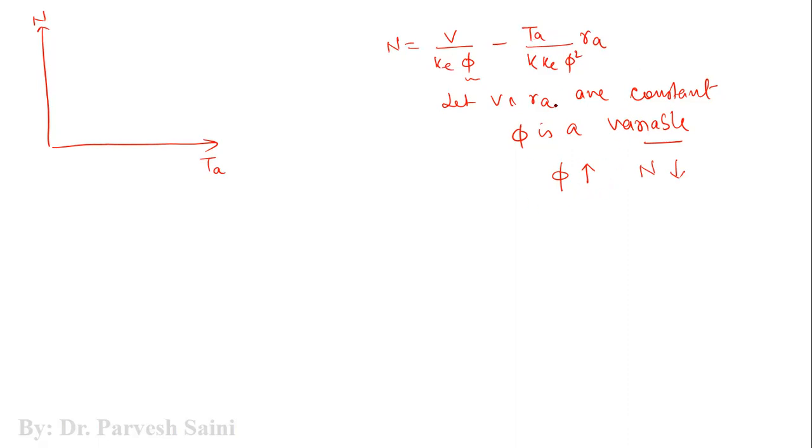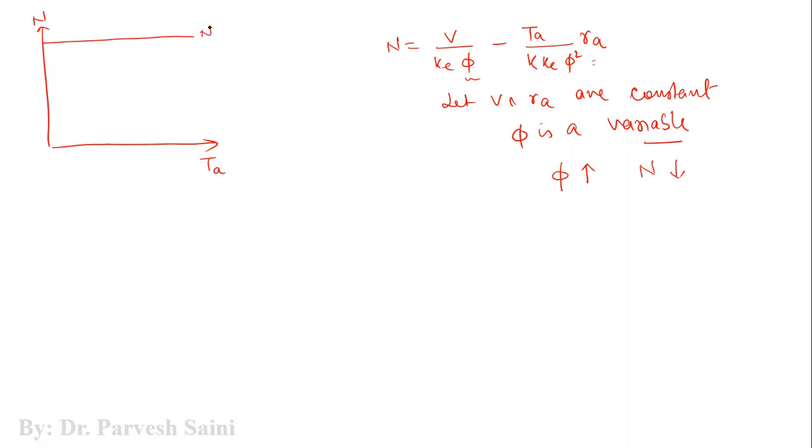So if flux increases, we will get N decreases. But here, we will see that there would be a very little drop, right? So the characteristics will vary like this.